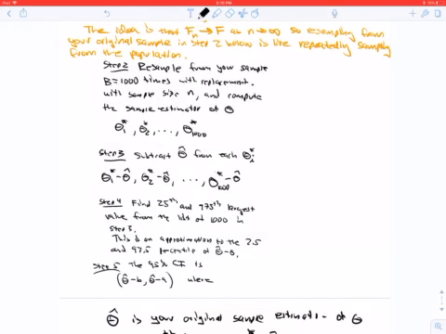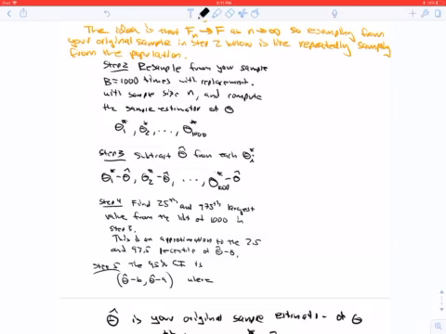And we're going to find then in step 4 the 25th and 975th largest value from this list of 1,000 numbers. And this is an approximation to the 2.5th and 97.5th percentile of theta hat minus theta.